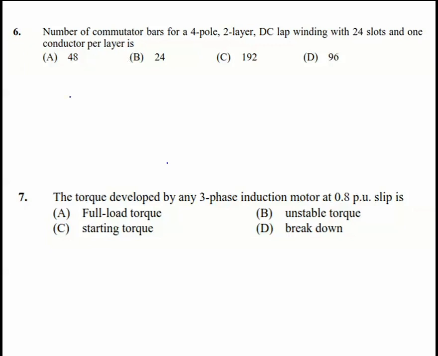The solution for this problem is, normally, commutator bars or segments is equal to the number of coils. That means one coil will have 2 sides like this, coil side 1 and coil side 2.